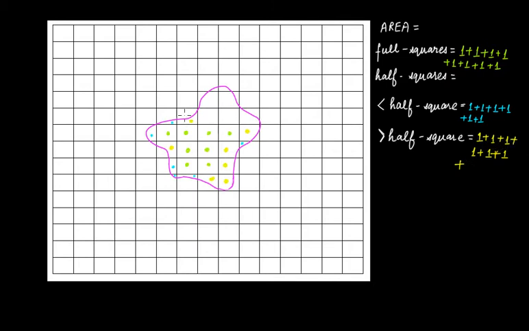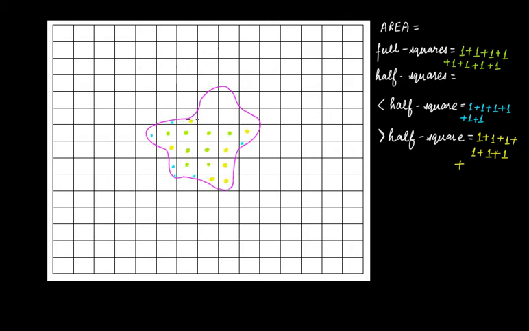If you are getting confused whether it is more than half or less than half, look at this one properly. It appears to be in fact equal to half, right?